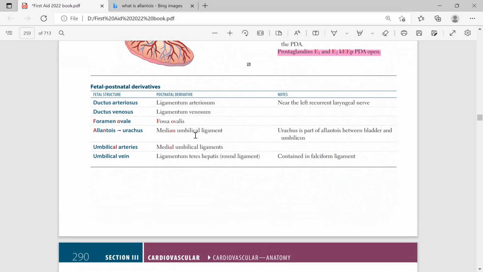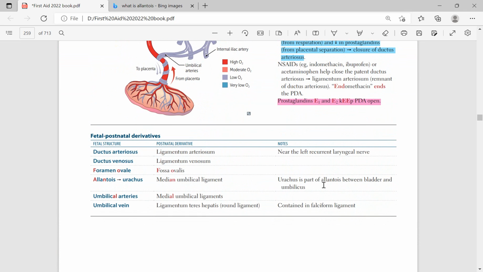Allantois, urachus, median umbilical ligament. The urachus is part of the allantois between the bladder and umbilicus.